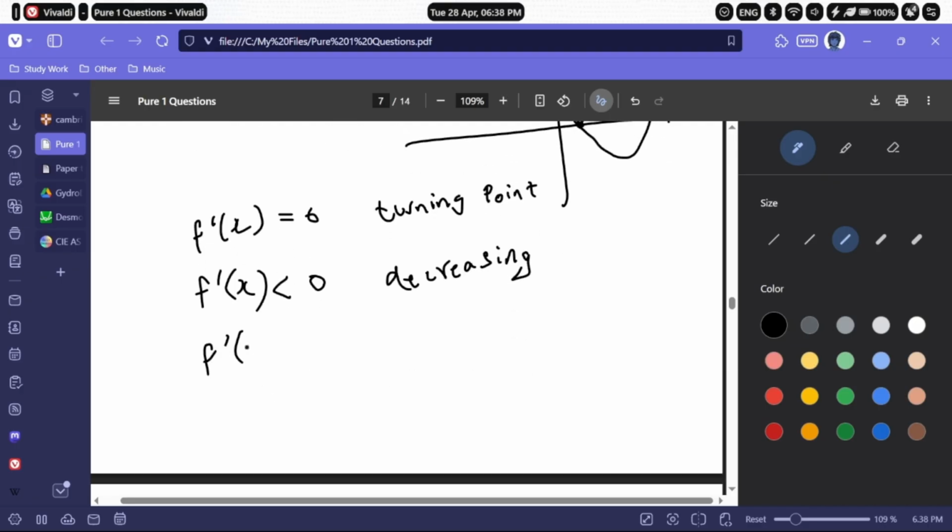And when f prime of x is greater than 0, the function is increasing. Rather than trying to memorize how this works, just try visualizing a graph, for example, and make a tangent at that point. That'll give you the best idea about how these concepts work.